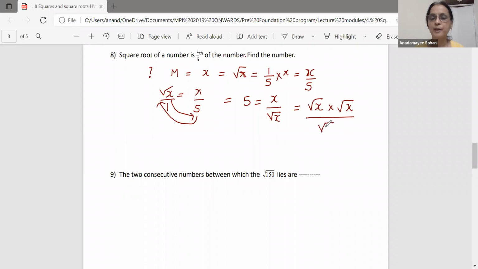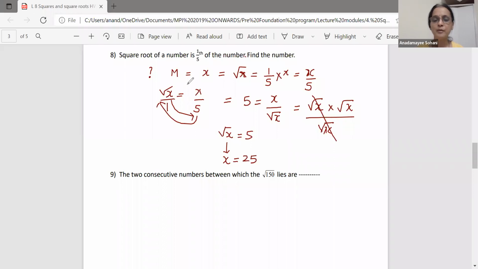And again, everything is in multiplication and division, so I can cancel one root x with root x. So what do I get? I get root of x as 5. And if root of x is 5, what will x be? x is the square of this, no? So x will be 25.